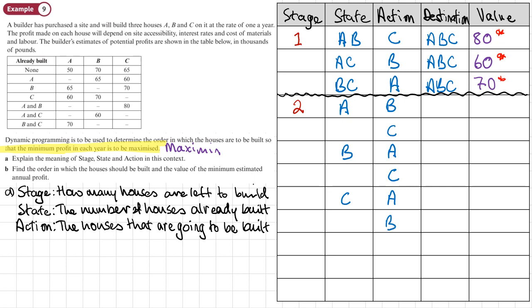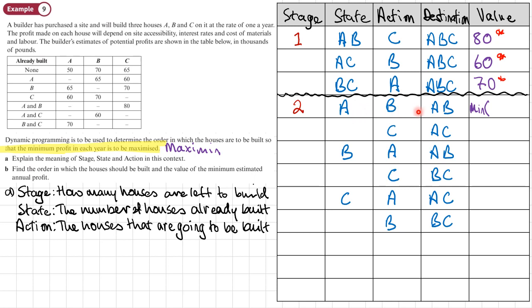That will leave us with these destinations: AB, AC, AB, BC, AC or BC. Okay, so since this is a maximum problem, we're going to write down the minimums, and then at the end we'll select the maximum of those minimums.